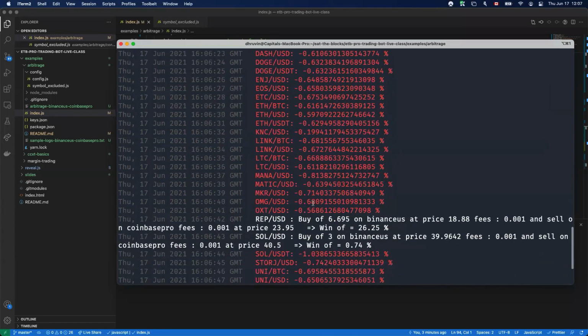But here you can see that there is currently an arbitrage opportunity on Binance and Coinbase Pro for REP to USD, where you can make 26.25% profit if you buy 6.69 units of REP at the price of 18.88 USD, and then sell the same on Coinbase Pro for this price.